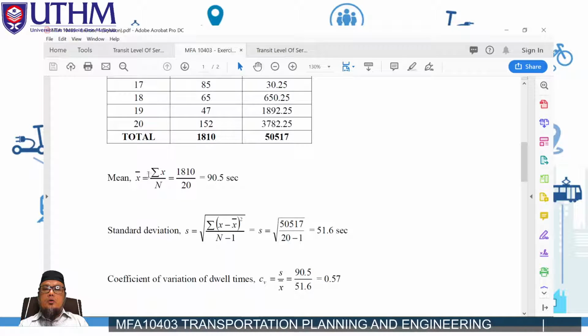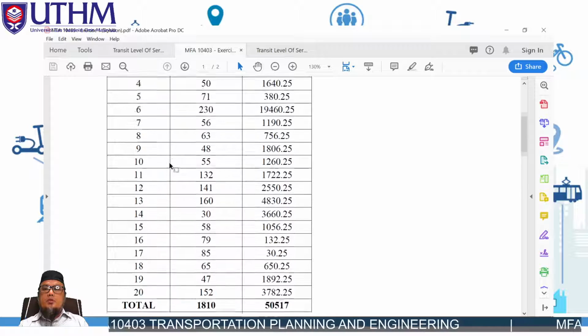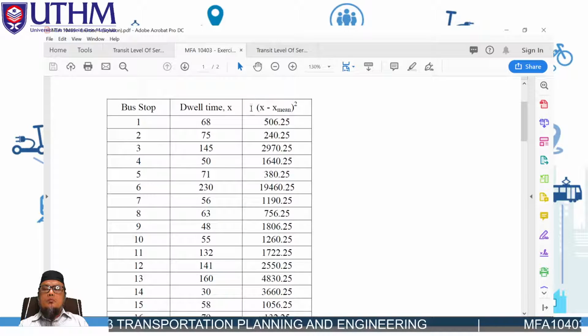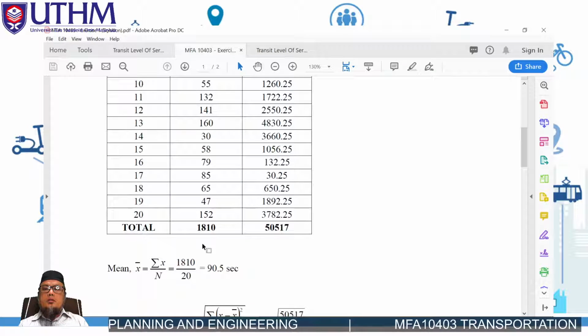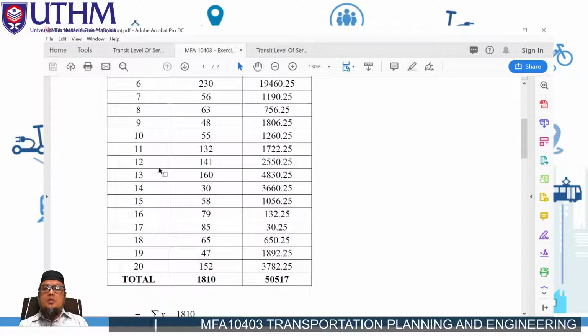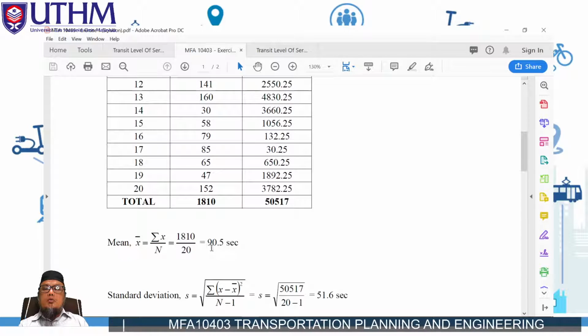To calculate the mean, you can directly find the total of the dwell times divided by 20 as the number of bus stops. We obtain the mean value of 90.5 seconds.